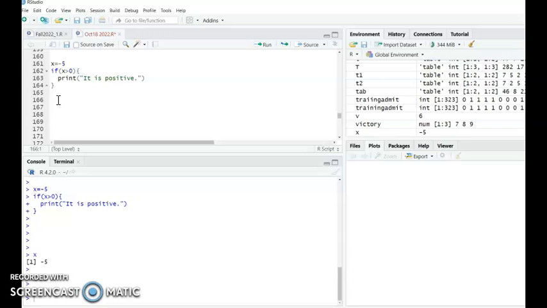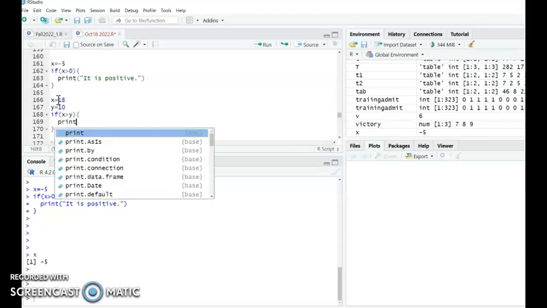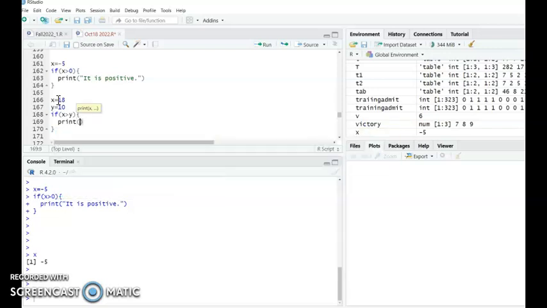I start coding. First, I give two values, for example, x equals 18 and y equals 10. As you remember, it says write a code that gets two values for x and y, and after that checks if x is greater than y, and if that holds, print this message: x is greater than y.